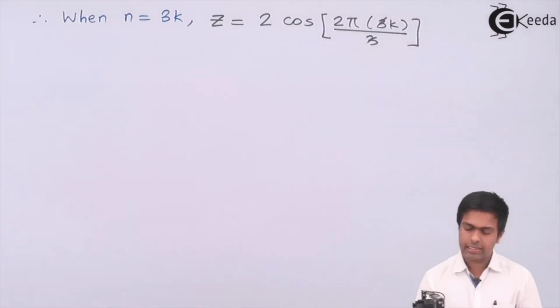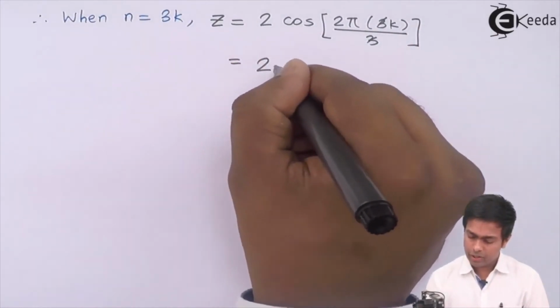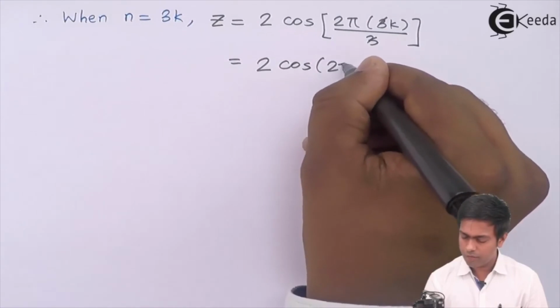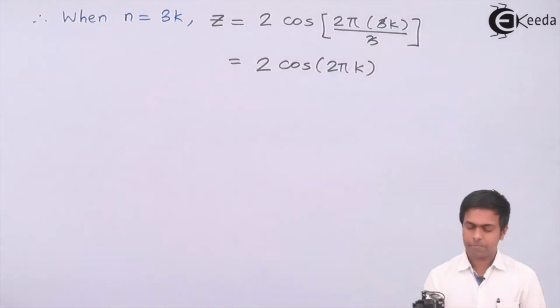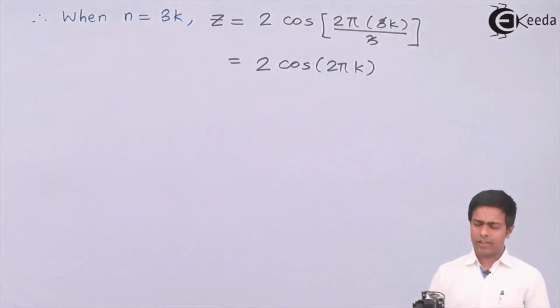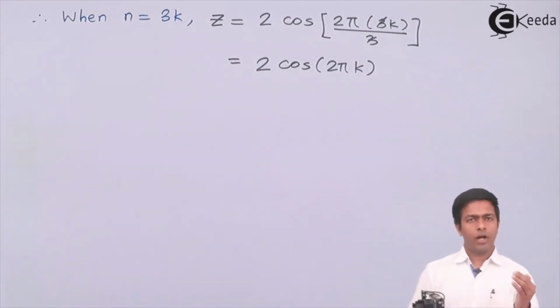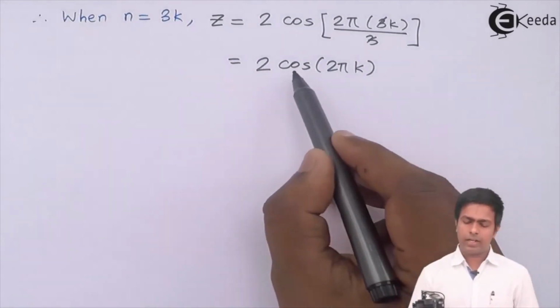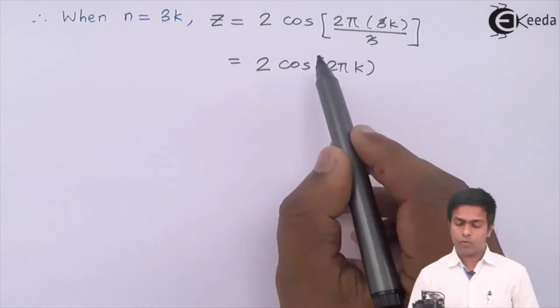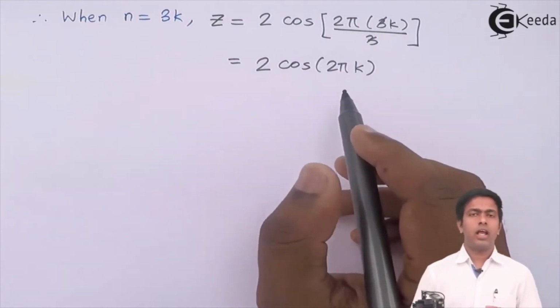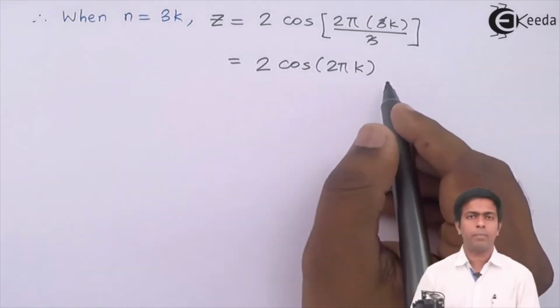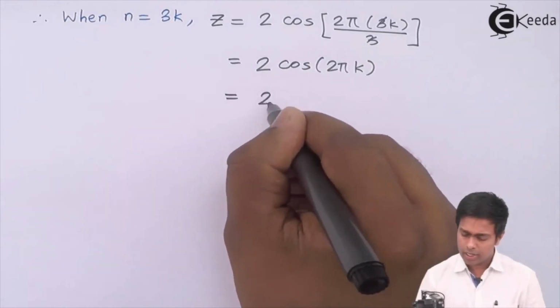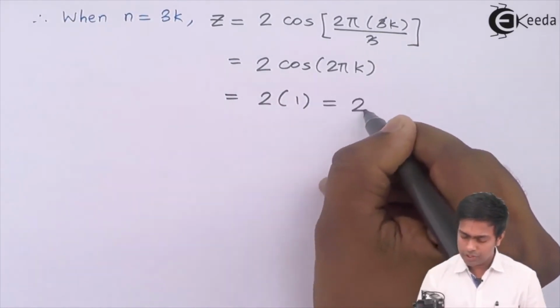Here we can cancel 3 and 3. So we will get 2 times cos of 2 pi k, where k is an integer. If k is an integer, we will get cos 2 pi, cos 4 pi, cos 6 pi, and so on. And we know that cos of any even pi is equal to 1. So that is 2 into 1, which is equal to 2.